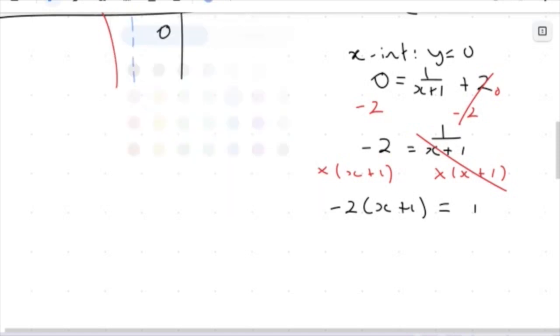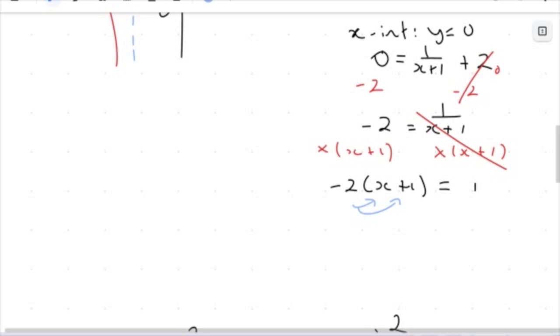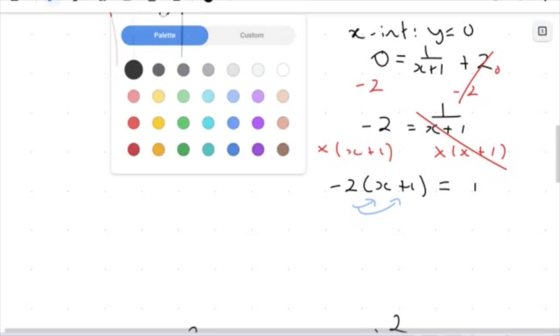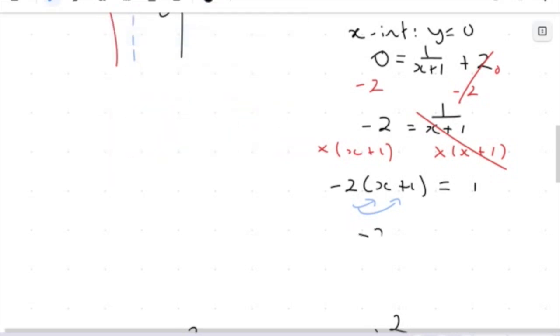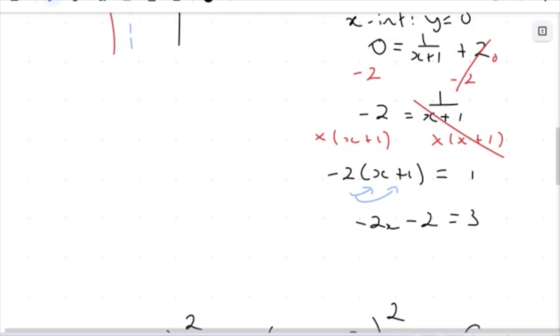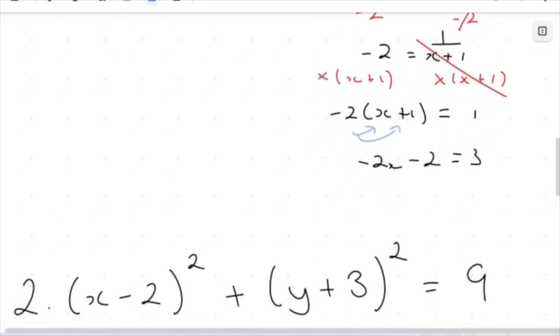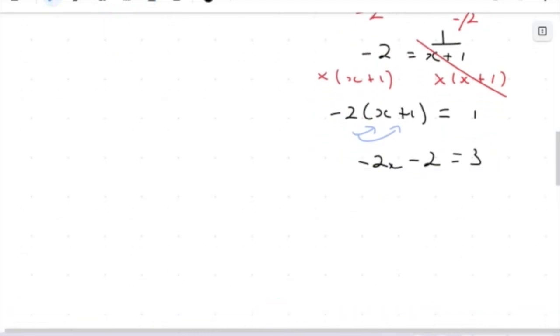So now we can expand the brackets. I know this is quite tedious, but because this is a new function, we need new ways of finding the intercept. So expanding this bracket, I get -2x, minus 2 times +1 gives me -2. And I have a few more steps to solve this. I'm going to add 2 to both sides.